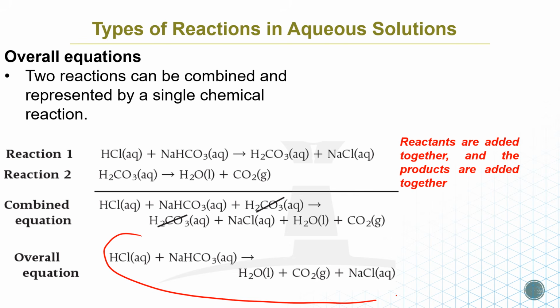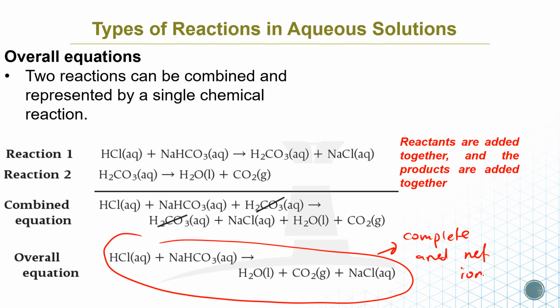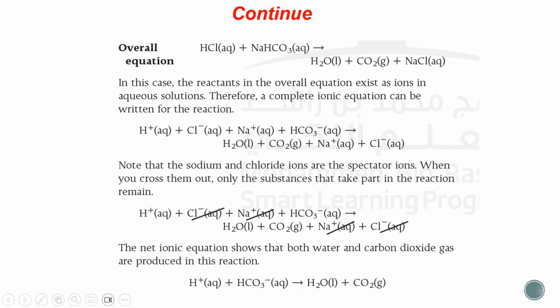Now for this overall equation we can write the complete and net ionic equations. Anything with aq, we said we break it into positive and negative. As you can see here, HCl is H+ and Cl-. This one is Na+ and HCO3-.